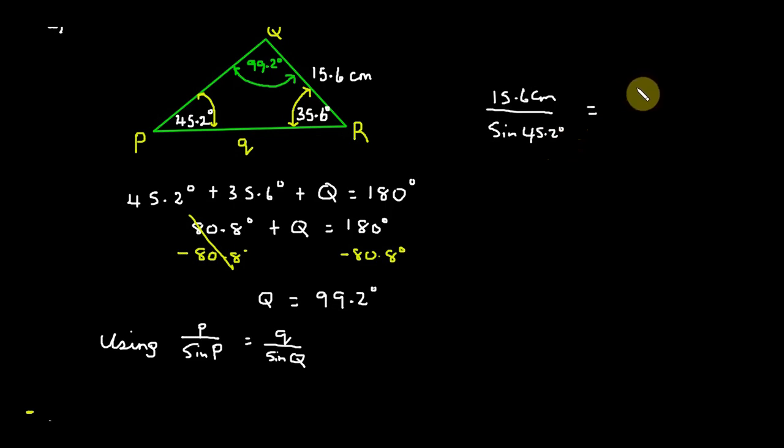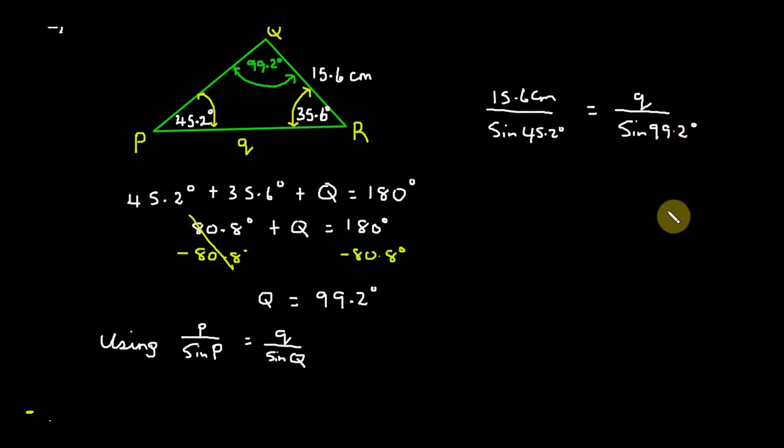R, we're not using, eliminate R, we go on to Q, small q, the side that we wish to find, divided by the sine of what we would have just found, 99.2 degrees. Good.